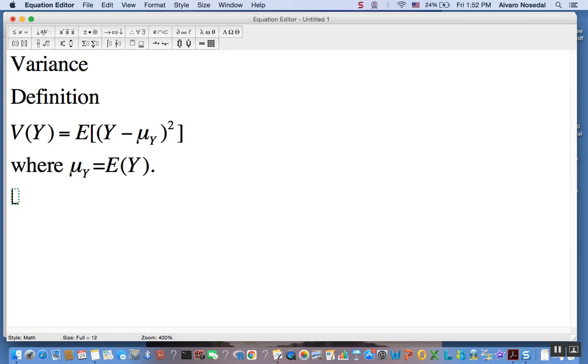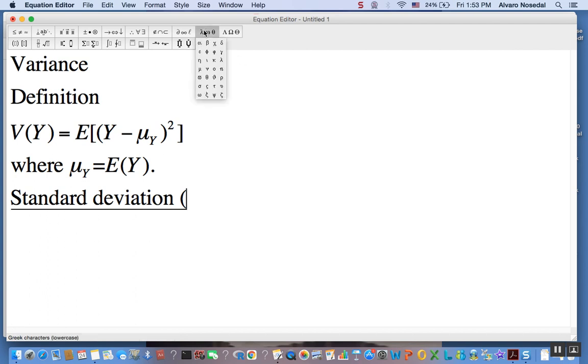Okay, so standard deviation, and sometimes people refer to the standard deviation using the following notation: sigma, and let's be super specific. In this case, it's the standard deviation of the random variable y.